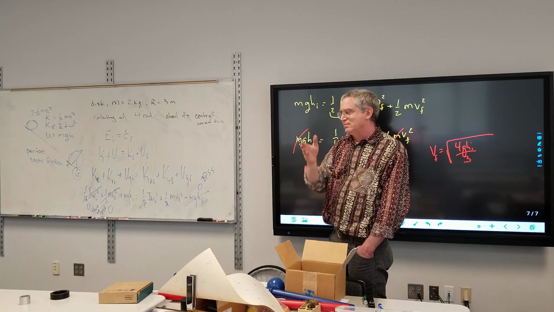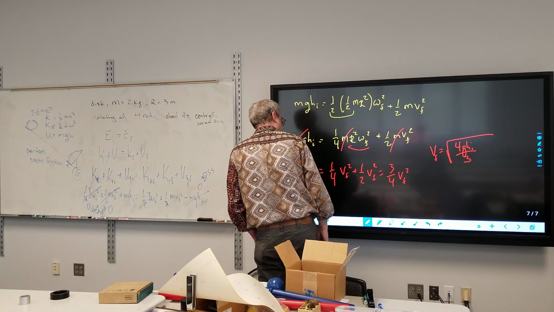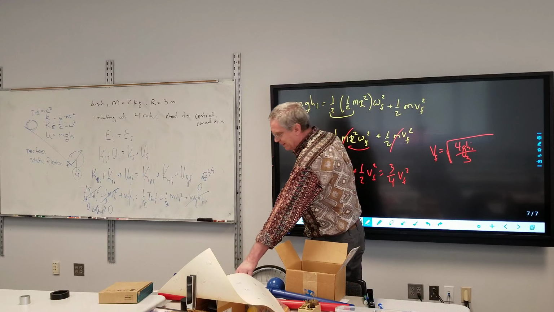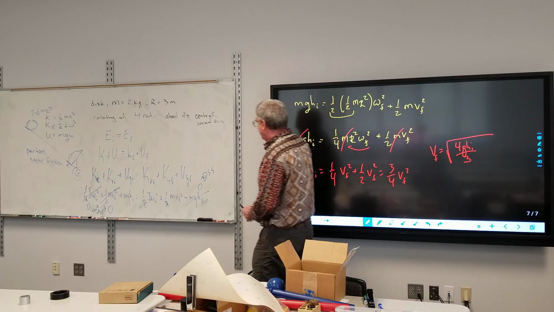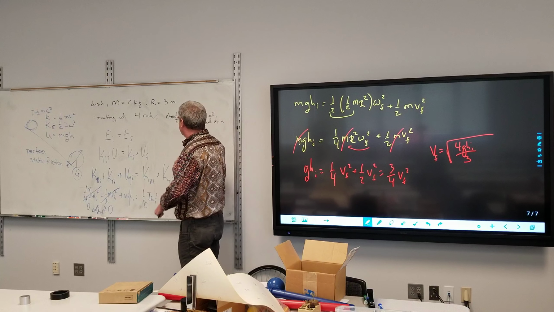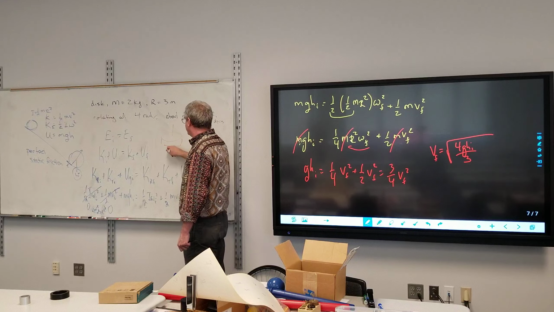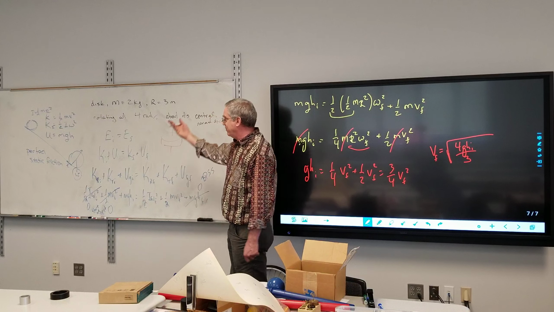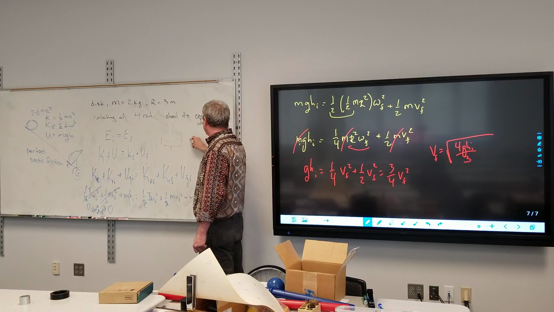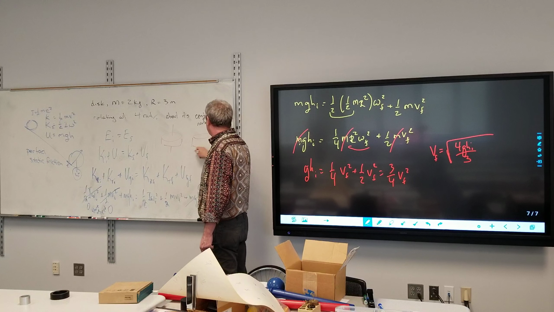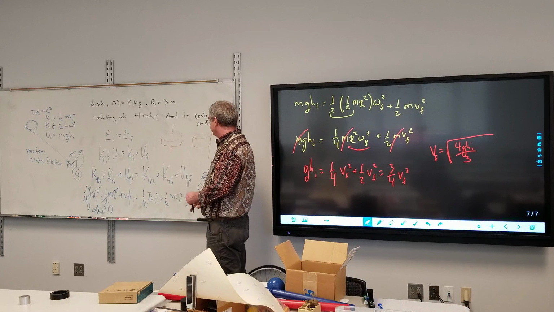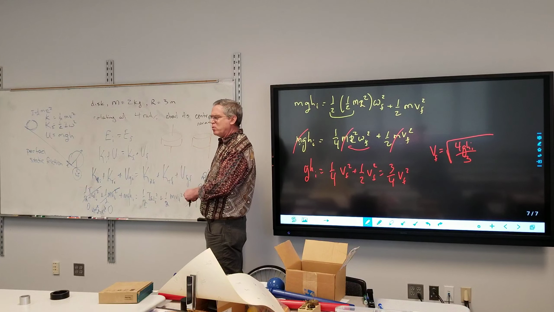However, there's a reason for it. If I take my disk and rotate it about the central axis, you get 1/2 mR squared. If I take the exact same disk and rotate it about the edge, does the moment of inertia go up or down?